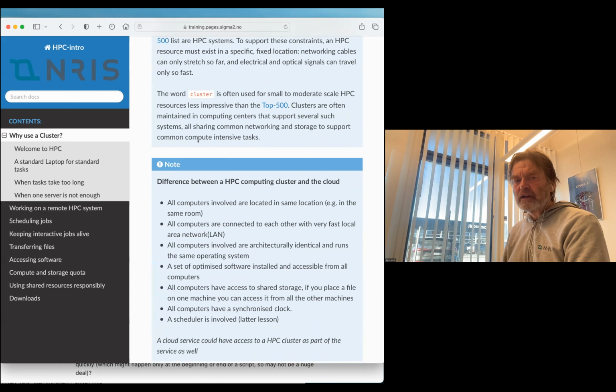On the cloud, there can be heterogeneous systems that provide a service. As we will see, the software is installed and accessible from all computers, and there is also a shared storage that all the compute nodes can access. And there is a batch system, a scheduler, which runs the jobs on the HPC system.